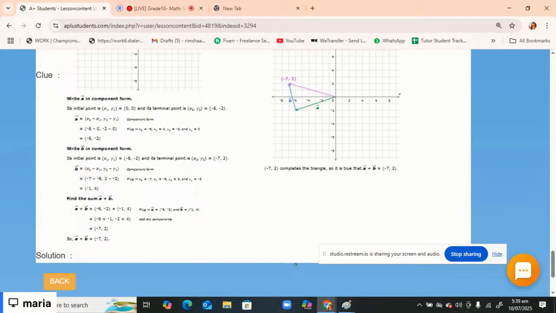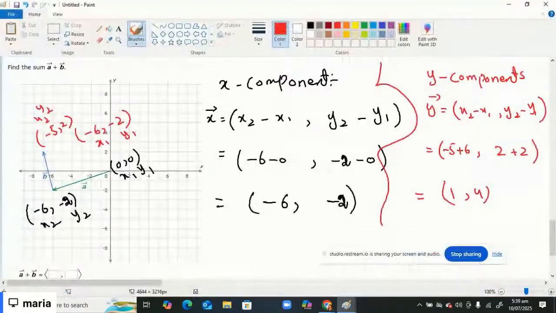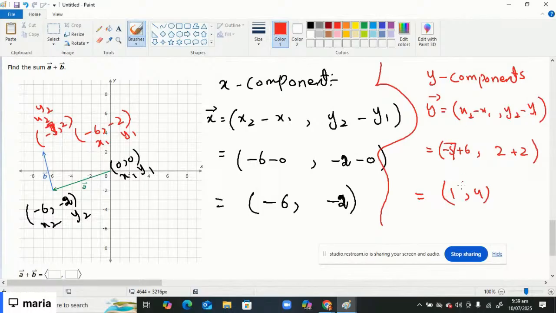Is this minus 7? It's minus 7. So here is minus 1.